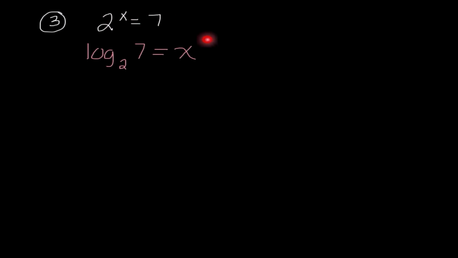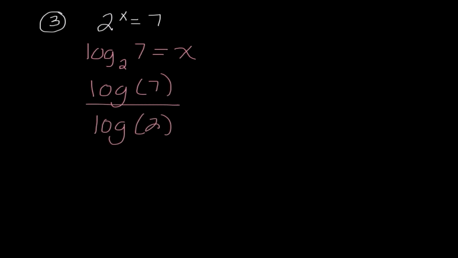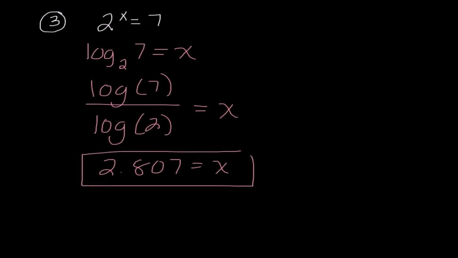So that's just the memorization we did earlier in this chapter, learning where each of these pieces goes. Now I'm going to have to go ahead and use our change of base. So I'm going to do log of 7 divided by log of 2. And once again, I end up getting 2.807 is equal to x.